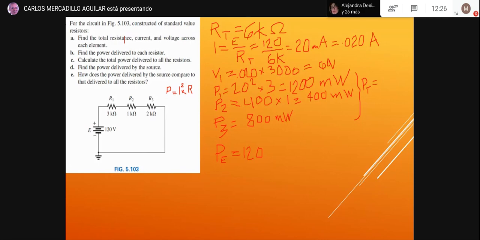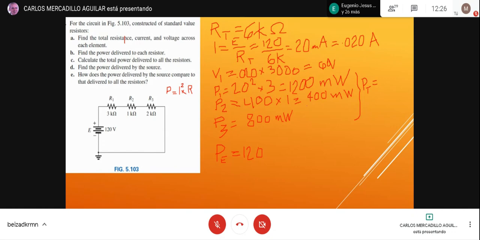I don't want to write, I just want to make it by heart, in my memory, and put the result. 1,200 plus 400 is 1,600 plus 800, it will be 2,400.